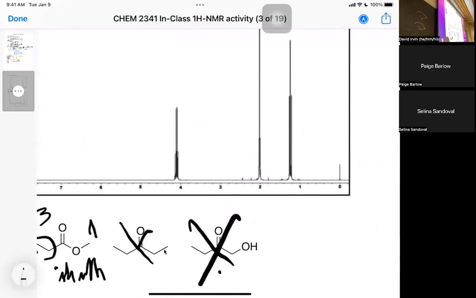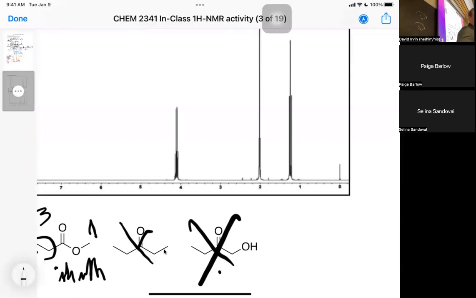Okay. So what we're going to see is one of the carbons is going to be attached to the oxygen, and that's going to be the furthest downfield. So we need to see what the splitting is on that carbon to tell us which is closest to the oxygen. So we have a choice. If it's next to a carbonyl, it's going to be in the 2 range. If it's next to an oxygen, it's going to be in the 3 to 4 range.